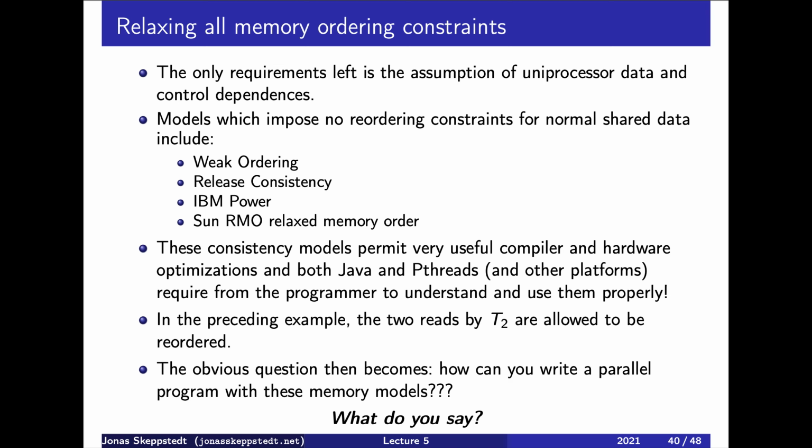Okay, so if we only require the uniprocessor data and control dependencies, and it can change the order of any memory access, then we have this remaining. And I should say also that ARM is similar to Power.